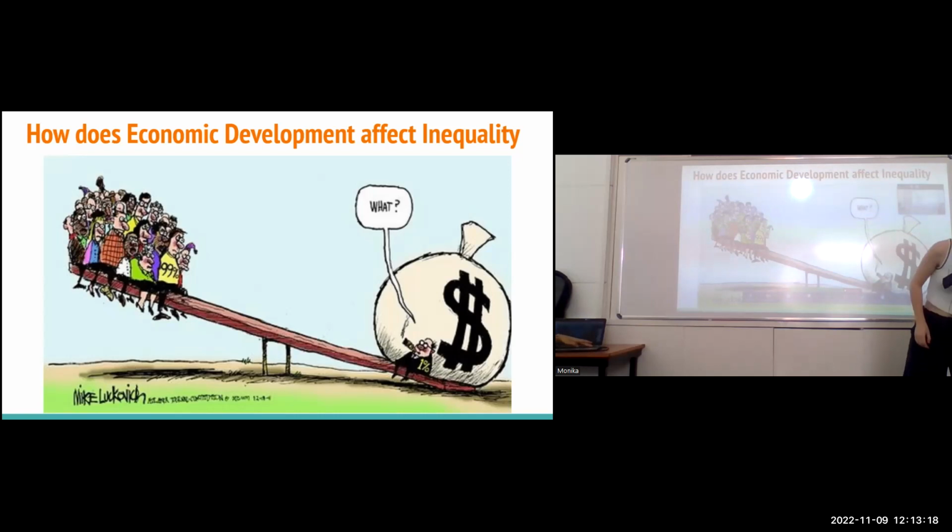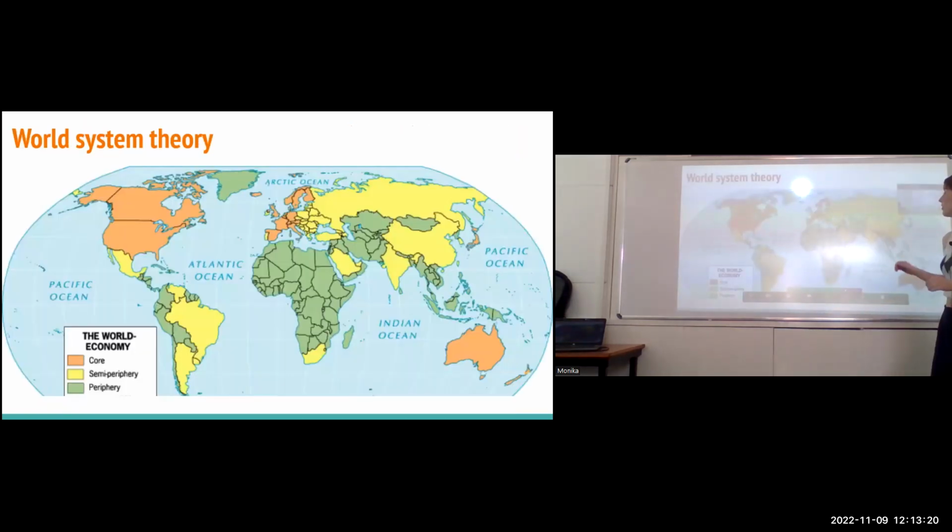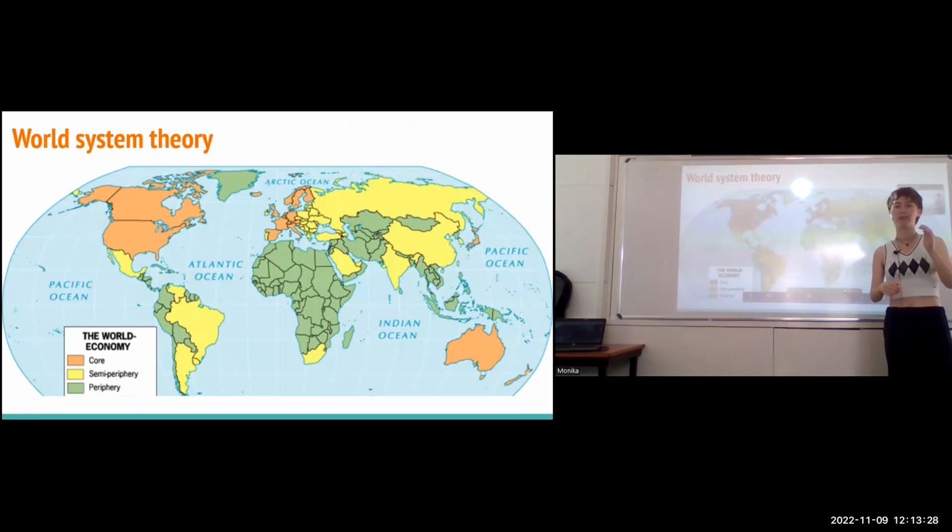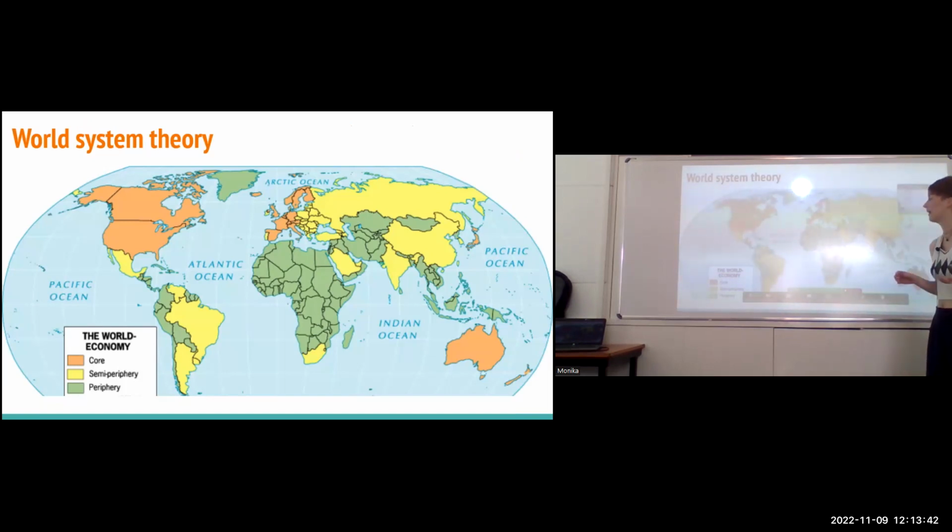This map shows the world system theory, which puts all countries into three different groups. The core group, which are the rich countries, hold the most economic power and resources, and exploit the semi-periphery and periphery countries.